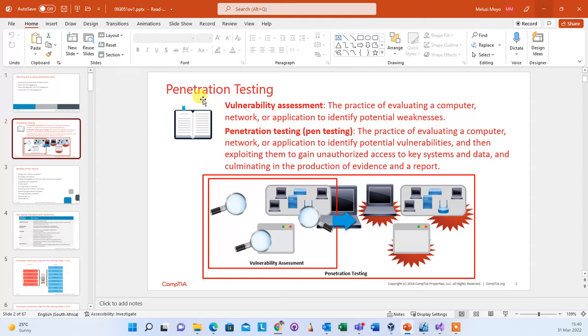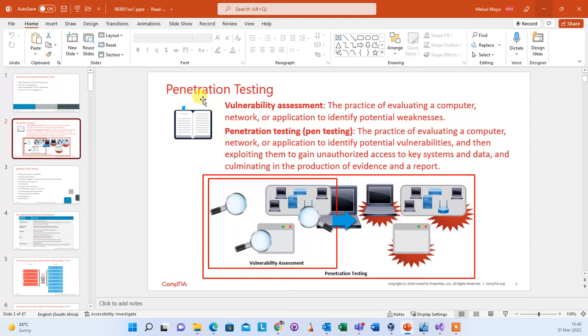It might be software, it might be hardware, but you're just evaluating either a computer network or an application to identify potential weaknesses. That's where it ends, right? That's what you're gonna be doing. I've seen most people use the terms vulnerability assessment and penetration testing interchangeably, but they are not the same, right? They mean two different things.